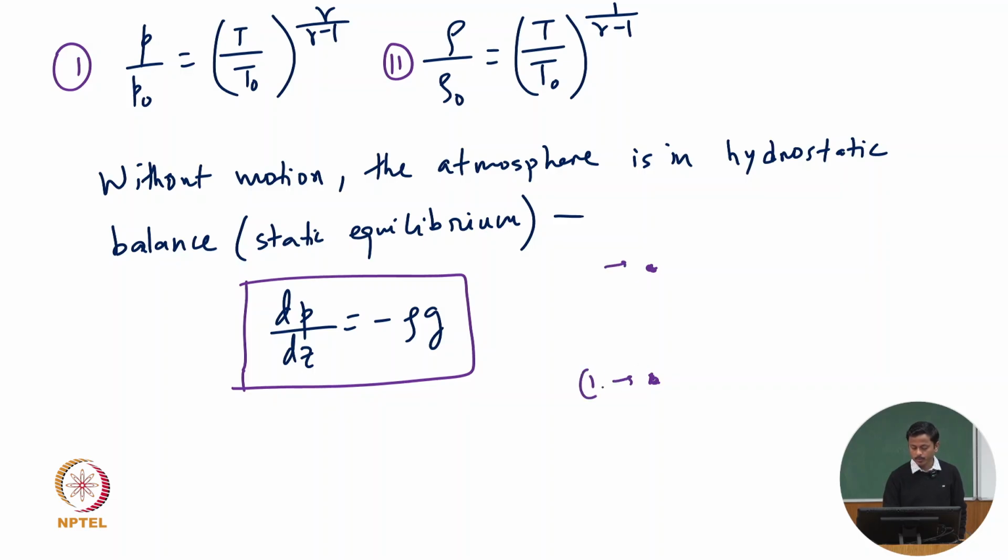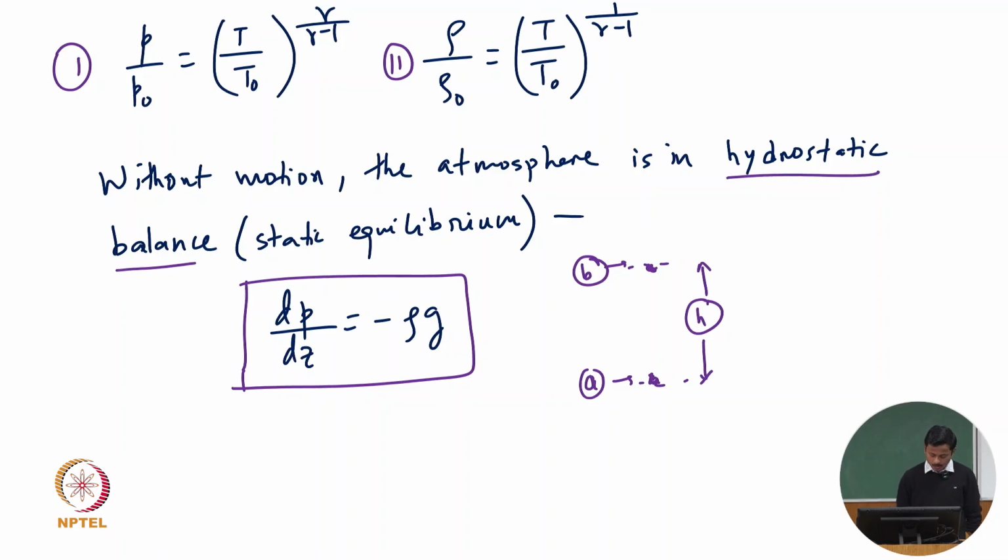So there are 2 points A and B. The pressure difference between them is just the weight of the fluid which is in between them. Only the weight which is in between them. This is the weight of the fluid in this column H. So this is the hydrostatic balance, and this is one of the primary balances that is of interest to us.